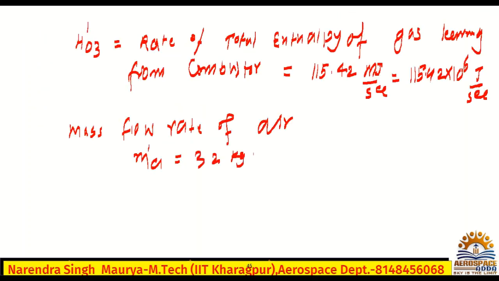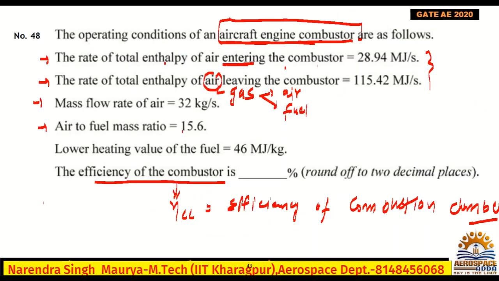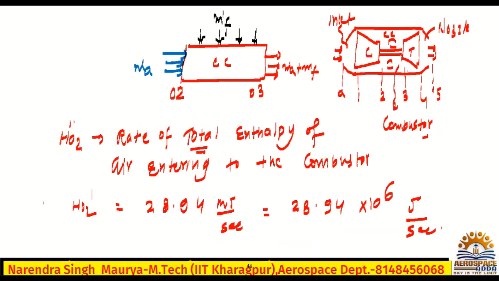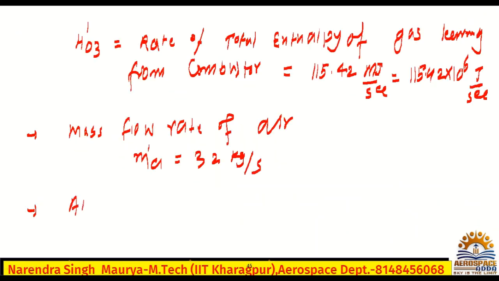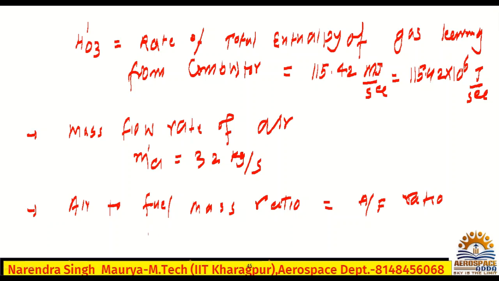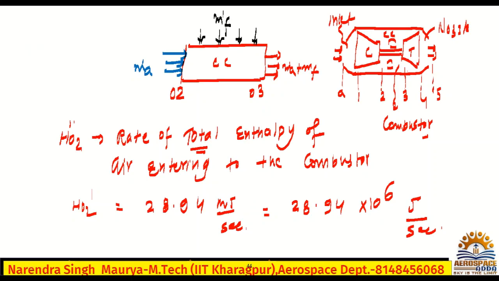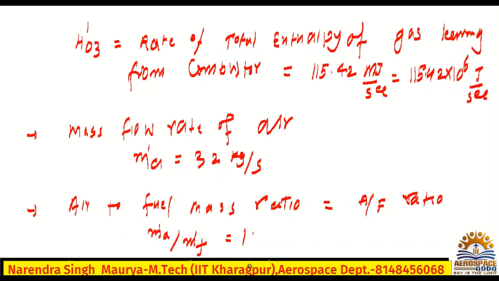The next quantity they have given is the air to fuel mass ratio, called A by F ratio, which means m dot A divided by m dot F. It is given as 15.6. This is the ratio.